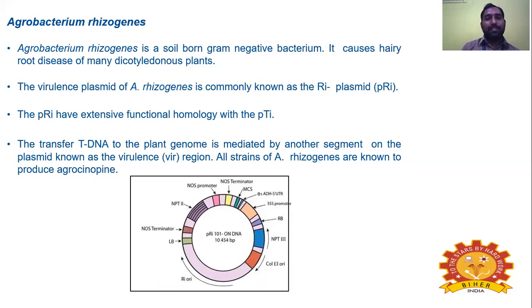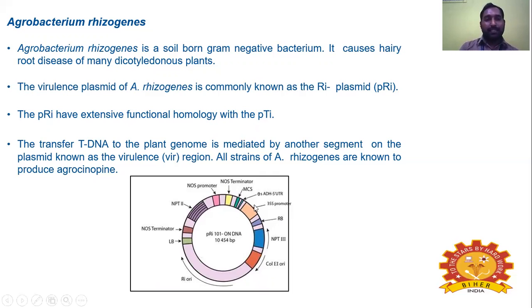These plasmids enable the transfer of DNA to the plant genome, and this is known as the T-DNA region. This plasmid also produces agrocinopine.